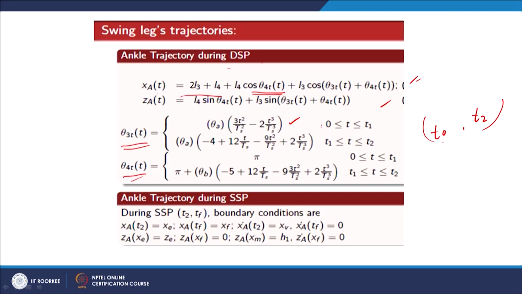So, this trajectory is for the double support phase, where both the legs are on the ground. For the single support phase, the ankle trajectory has initial and final conditions as given in this expression.